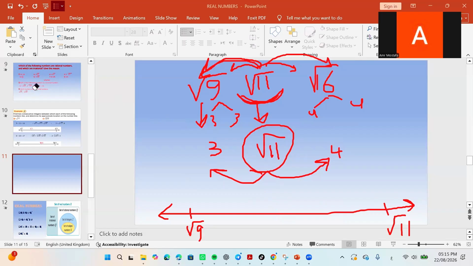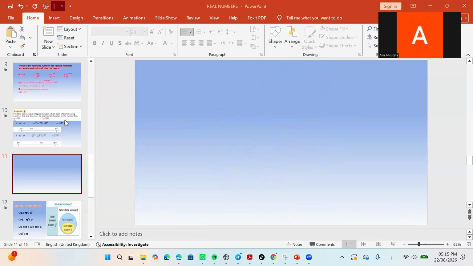I will make root 7 nearer to root 9 than to root 11. But you have to use your ruler and pencil to be accurate, okay? We have to take another example to understand.